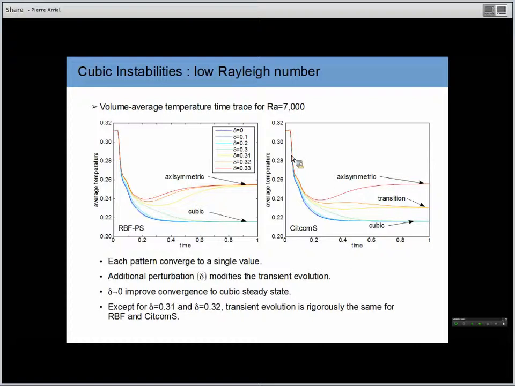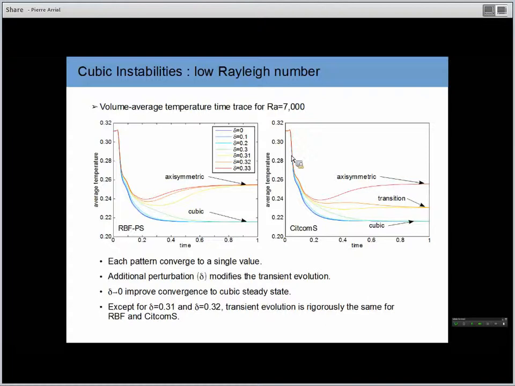We also only model heated from below and cooled from above. No internal heating in any of these models. I'm now going to present you the first test cases.